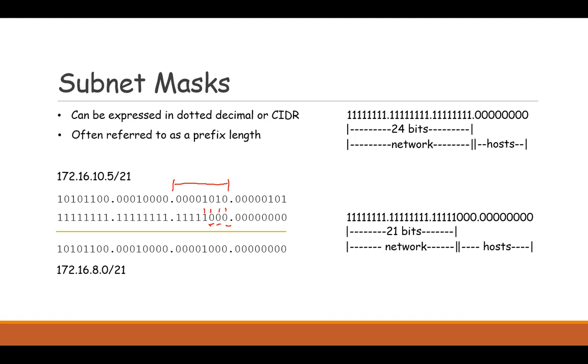So we know since that's where the first 1 is in the mask, the network IDs will step by 8s. So the first will be 172.16.0.0/21, and then 172.16.8.0/21, 172.16.16.0/21, and so on and so forth.